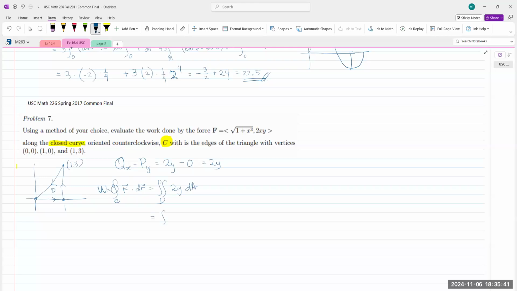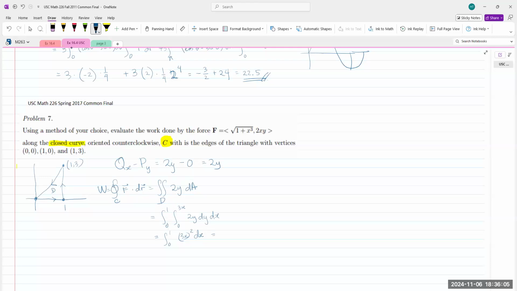Then I put that in: that's the integral from 0 to 1, integral from 0 to 3x of 2y dy dx. That will be the integral from 0 to 1 of 3x squared dx, that's 9x squared.